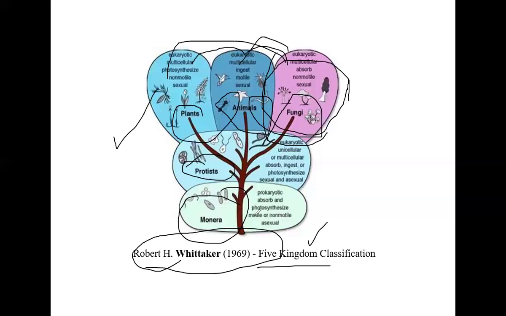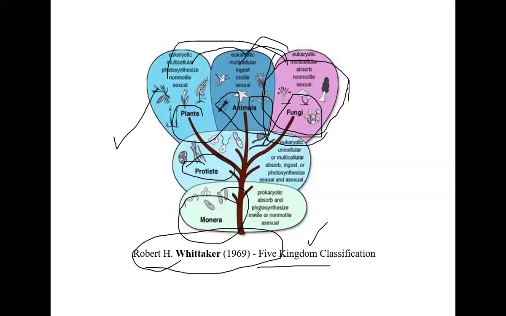You see the Monera, the prokaryotes. Monera, prokaryotes, you know the bacteria, that comes under the Monera. Protista are eukaryotic, unicellular organisms, having both plant and animal characters, like Euglena and Paramecium.